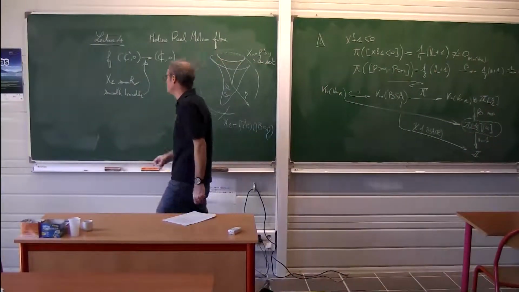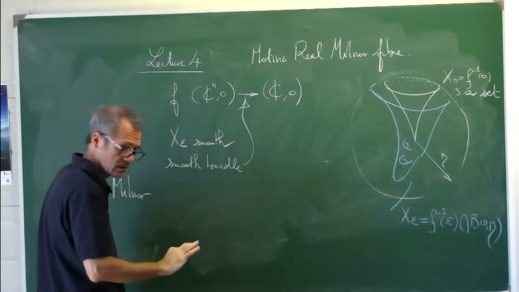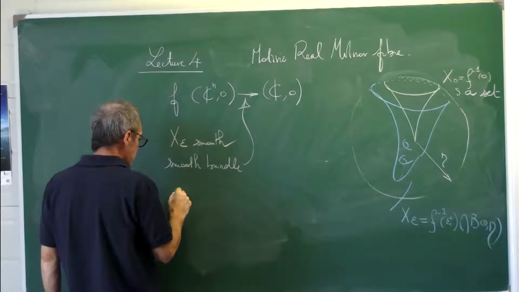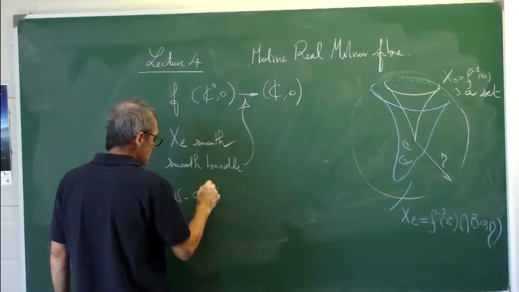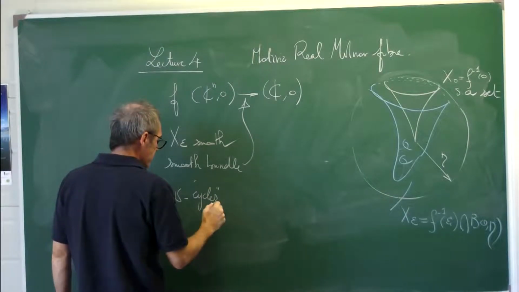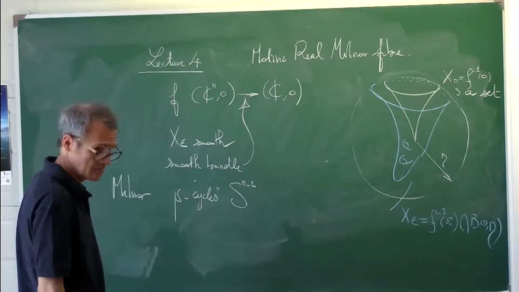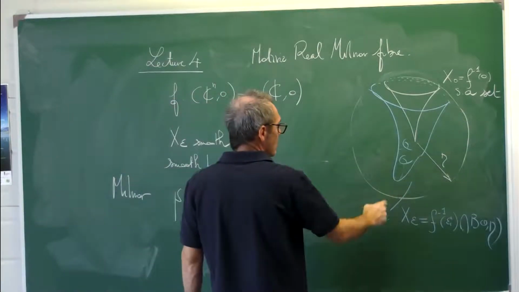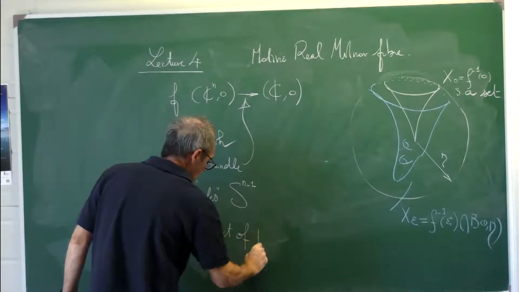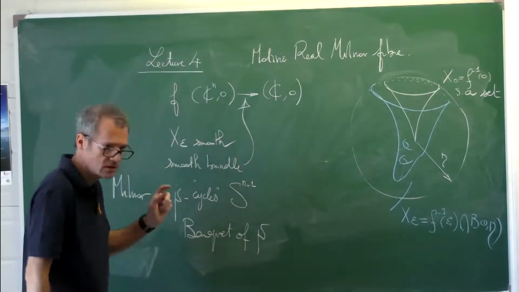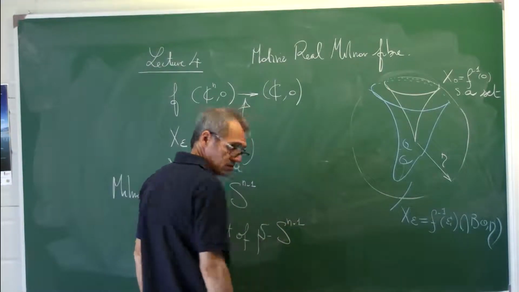And by a theorem by Milnor, but I guess that Michel explained this already, the number of cycles is denoted by mu. Cycles meaning that, in fact, we have mu spheres of real dimension n minus 1. And the topology of the nearby fibers, the homology in fact, is a bouquet of mu copies of S^(n-1).